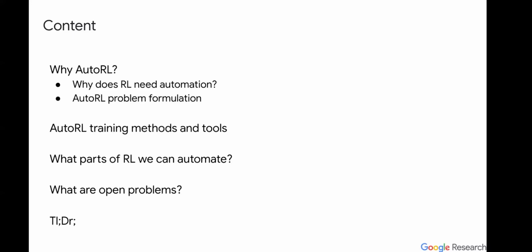Very briefly introduce different methods we can use for learning, and then go into what's actually being done currently in the field. The idea here is not to give you a comprehensive overview, but to give you a flavor of what's out there, and then we can end with the open problems.